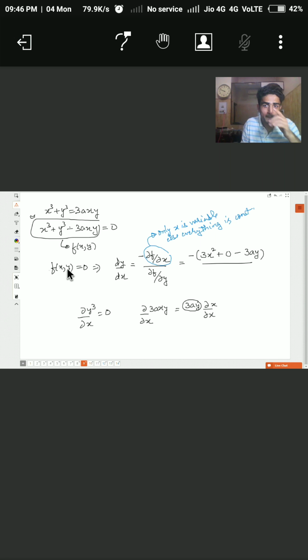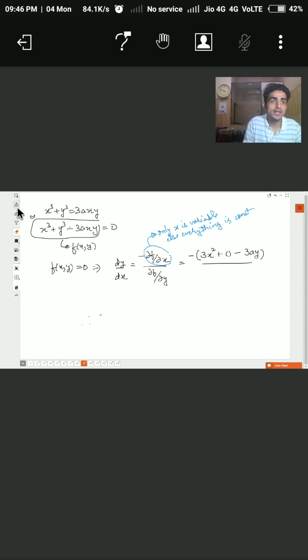Divide by partial derivative with respect to y. Obviously, only y is variable now. So what will be the derivative of x cube? 0. What will be the derivative of y cube? 3y square. And what will be the derivative of 3axy?